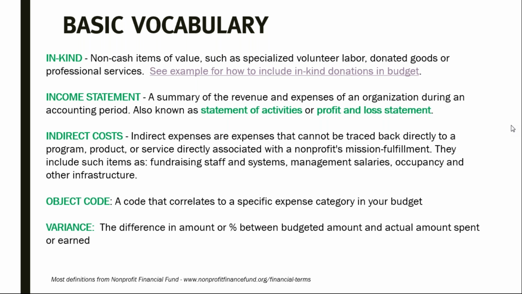If you're seeing really high variances, then that might be a cue telling you, wow, I really need to revisit the way that I'm thinking about my cost structure or my revenue model because I'm really way off here. If you have a pretty tight variance, then you might say, okay, I really understand my expenses well.